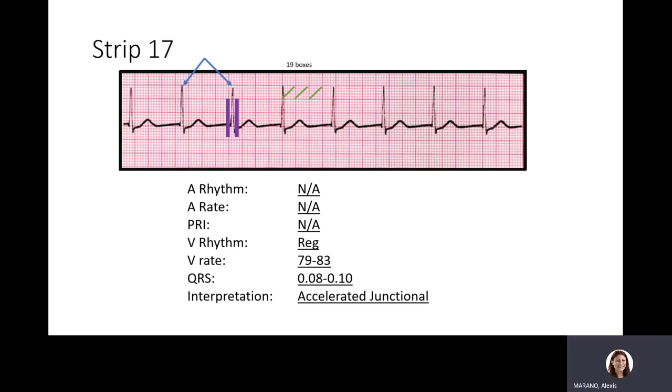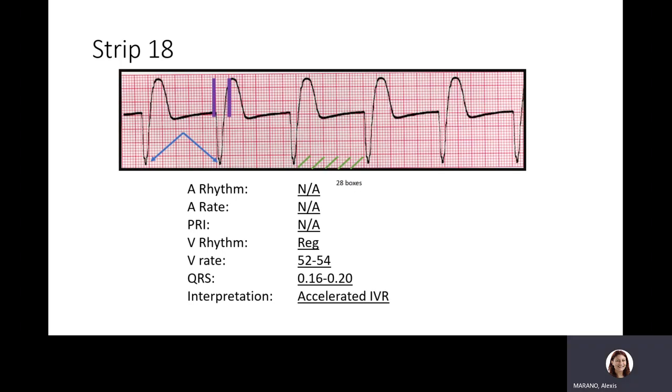QRS is measuring between 0.08 and 0.10. So the interpretation is accelerated junctional. Junctional has an intrinsic rate of 40 to 60. So from 60 to 100, we use the term accelerated.